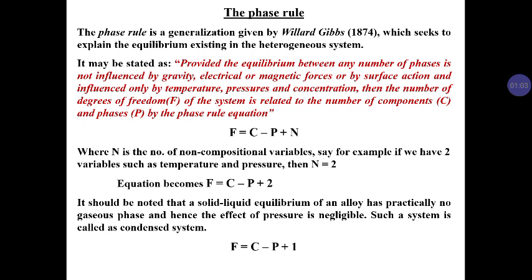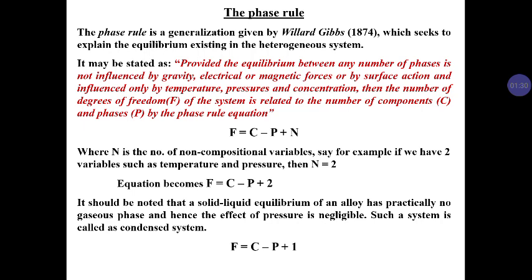In that sense, this phase rule gives the degrees of freedom, and this depends on the components, on the phases, and on N, where N is the number of variables, such as pressure and temperature. For our studies we are going to focus only on alloy systems.